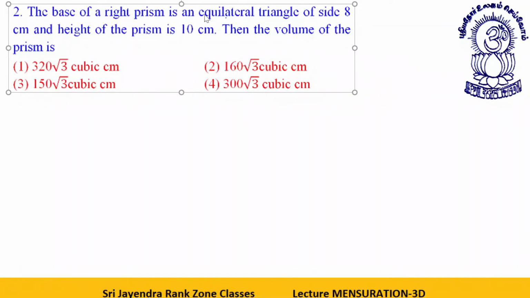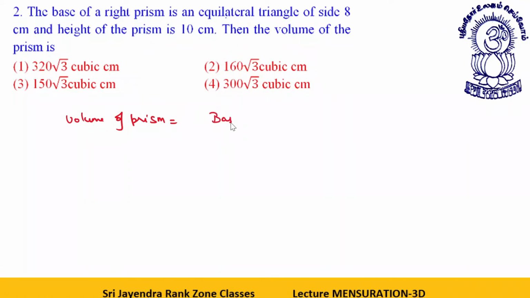The base of a right prism is an equilateral triangle of side 8 centimeter and height of the prism is 10 centimeter. Then the volume of the prism is? What is the volume of prism? That is base area into its height. What is the base area?